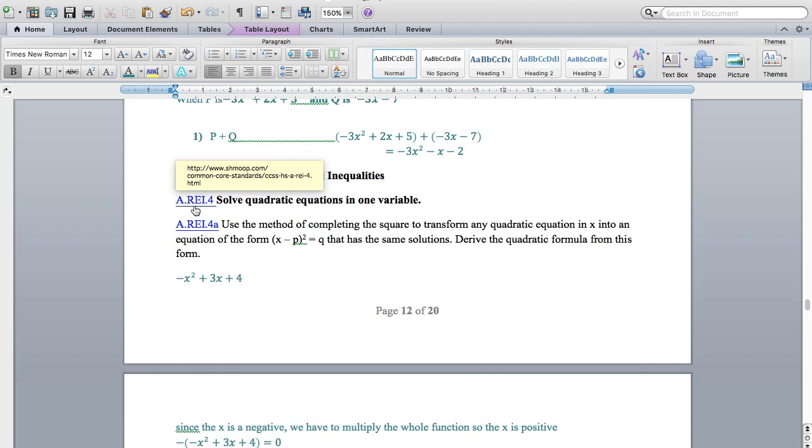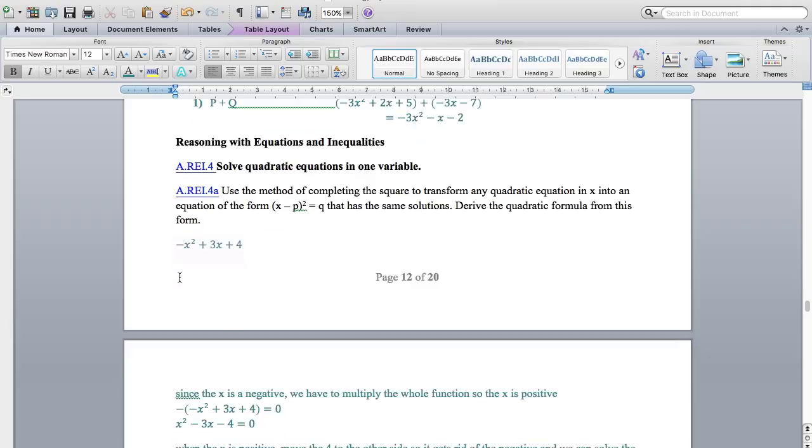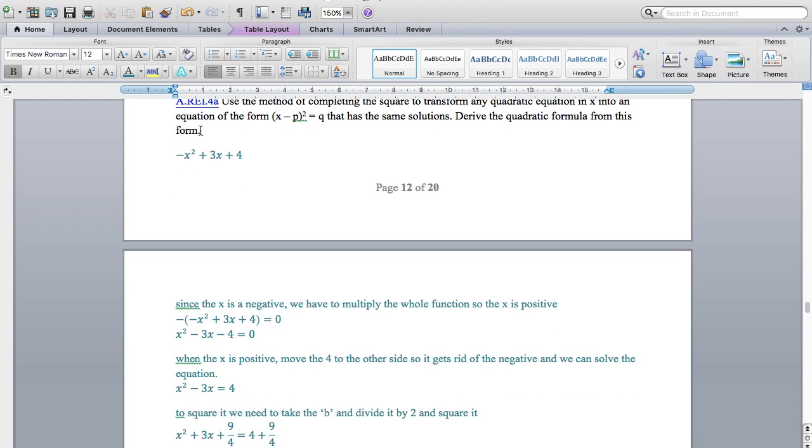And here A-REI 4 and 4a, which is using the method of completing the square to transform any quadratic equation in x into an equation of the form (x minus p) squared equals q. So I used this quadratic formula.